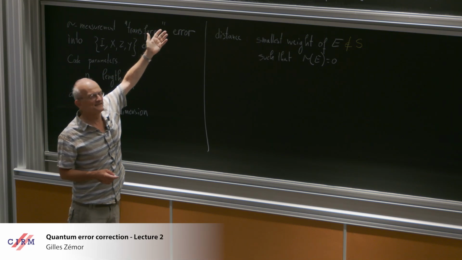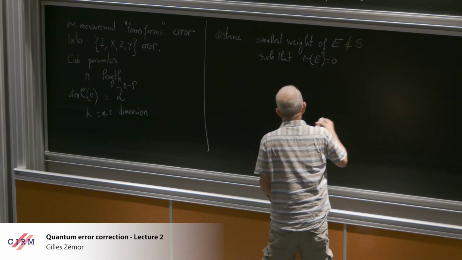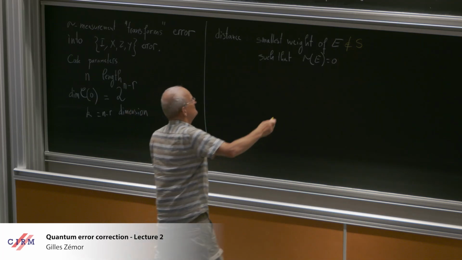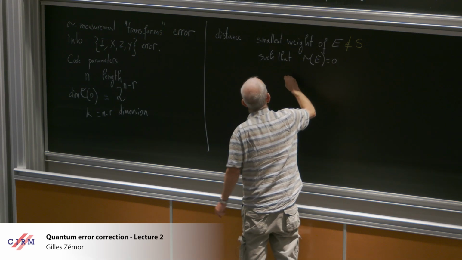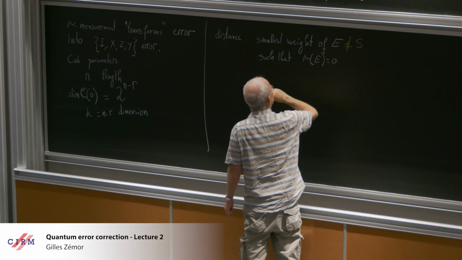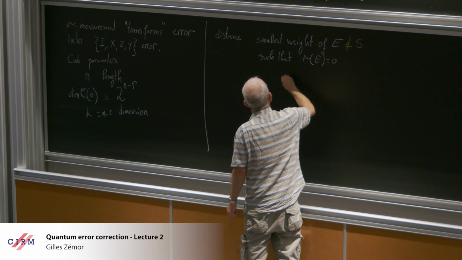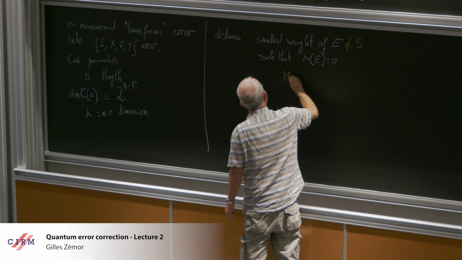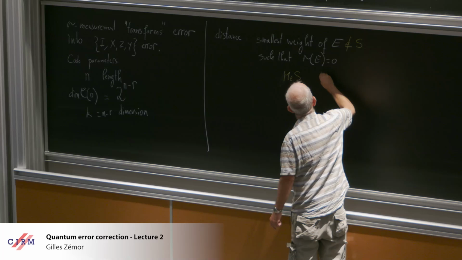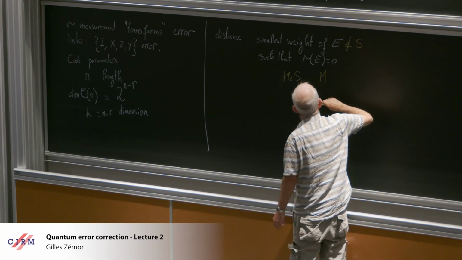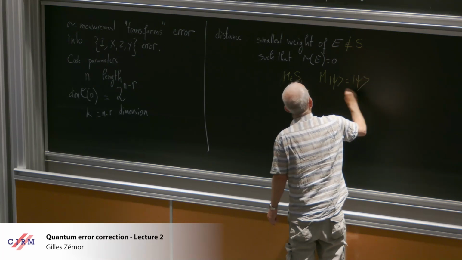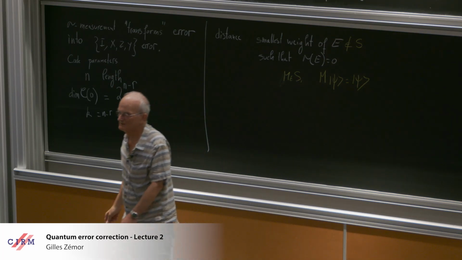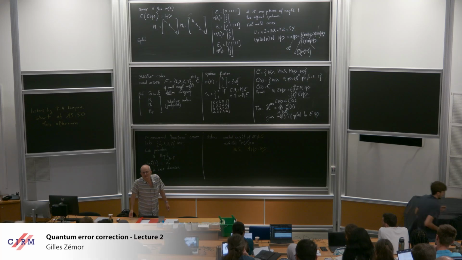But they stabilize the quantum state. So if we have an error with zero syndrome that stabilizes the quantum state, we don't really care about such an error. If M belongs to S, by definition of our encoded states, applied to psi, it's just psi. We don't care if an error like this occurs, because we don't need to correct anything. It doesn't change the quantum state.